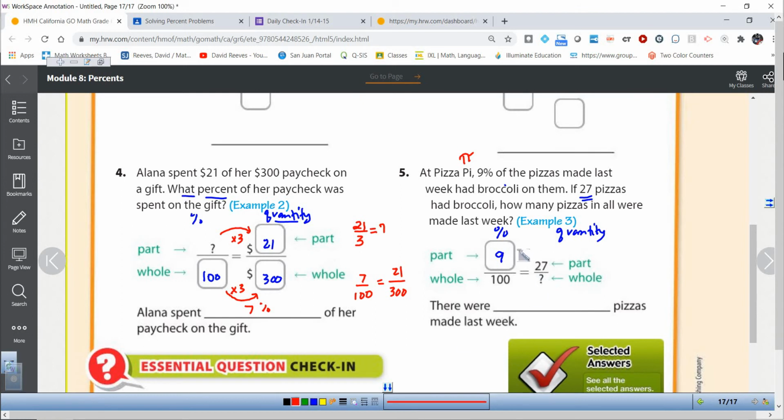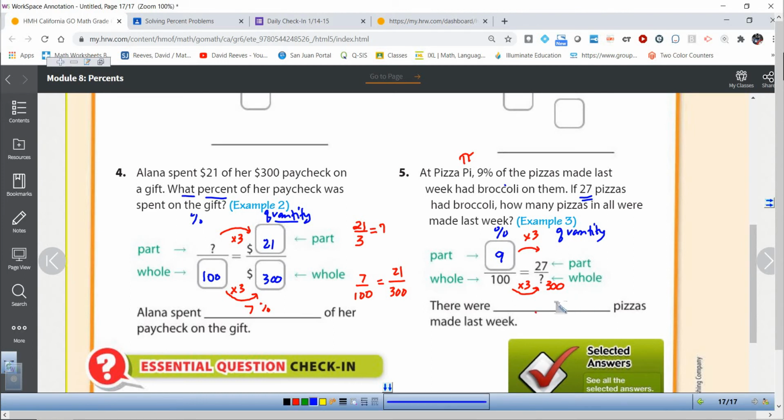I hope you can see that our equivalency factor is 3. It would be 9 out of 100, but it wasn't 9. It actually was 27. So that means this bottom number has to be 3 times bigger, just like the top number was 3 times bigger. So how many of those pizzas did they actually make? They actually made 300 pizzas.